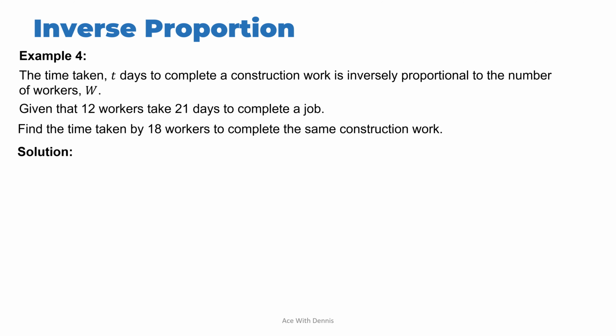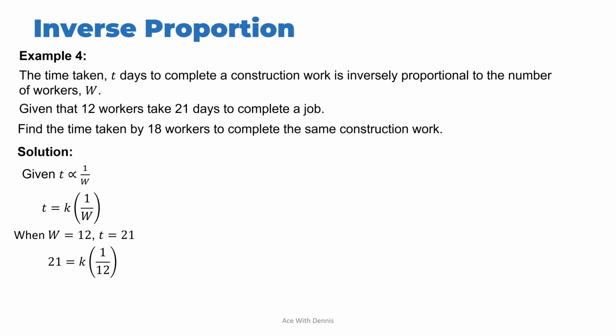And here's the solution. Given that T is inversely proportional to W, therefore T equals K times 1 over W. When W equals 12, T equals 21. So we substitute these values into the equation, which is 21 equals K times 1 over 12. K will be 21 times 12, which gives us 252.